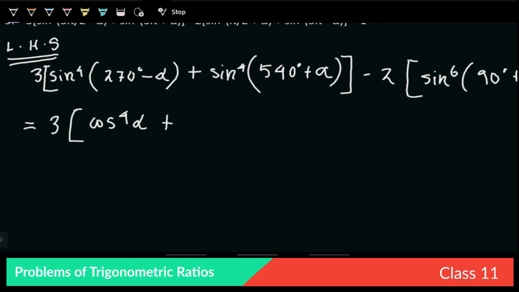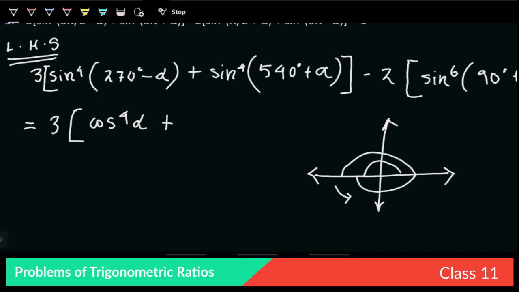Okay, now similarly sine to the power 4 of (540 degrees plus alpha). Now 540 means, I am drawing the quadrants. 540 means it is 3π. Okay, 3π means this is π, this is 2π, this is 3π, plus alpha means it is the third quadrant.